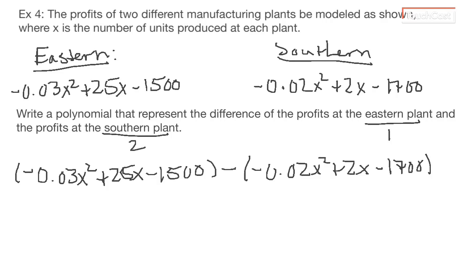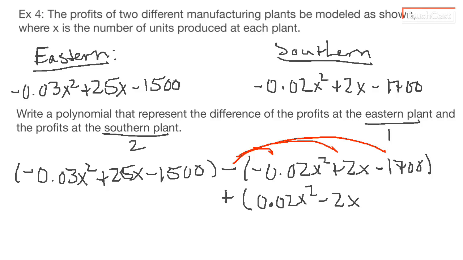The first thing we need to do is distribute this minus sign to everything in the parentheses that follows it. All that means is we're going to rewrite it as a plus and then change the signs of everything that's in the parentheses. So we'll make the negative 0.02 a positive 0.02x squared. Change plus 2x to minus 2x. Change minus 1,700 to plus 1,700.